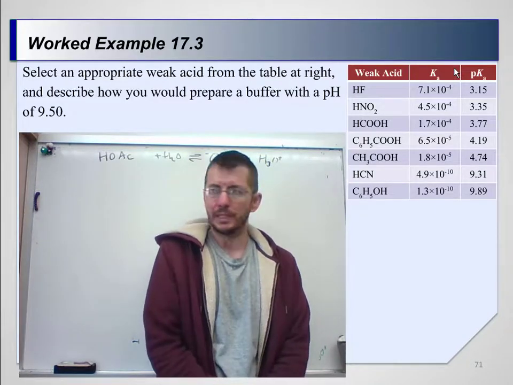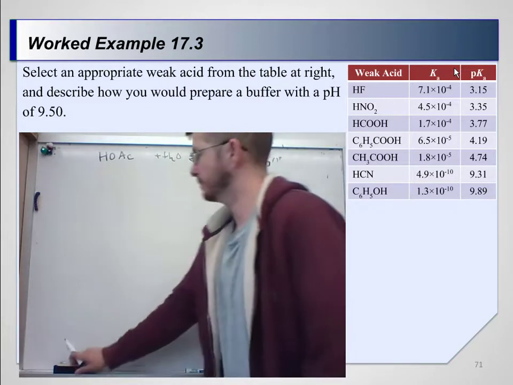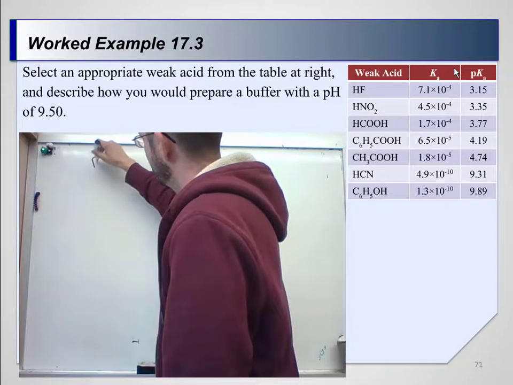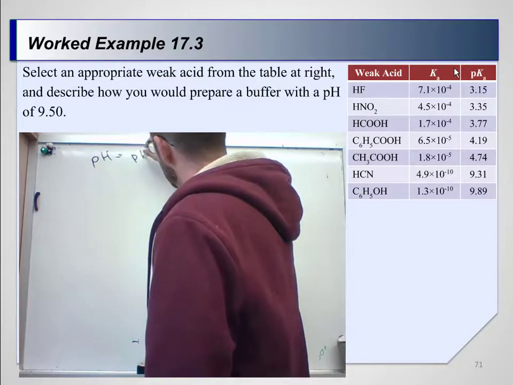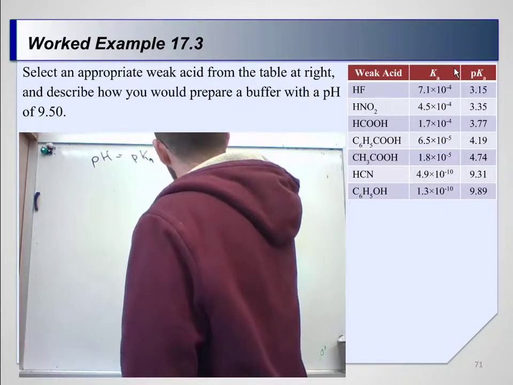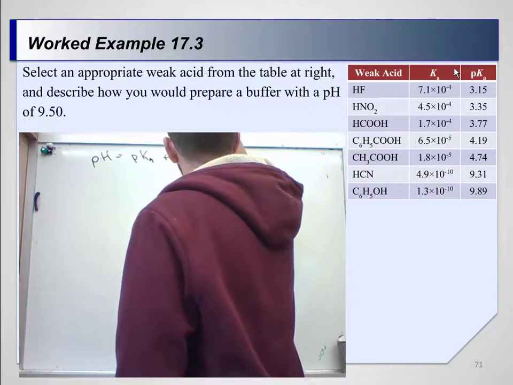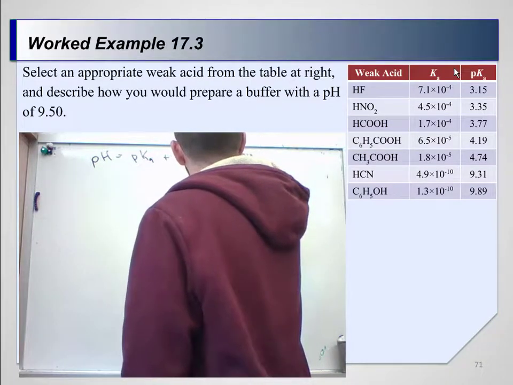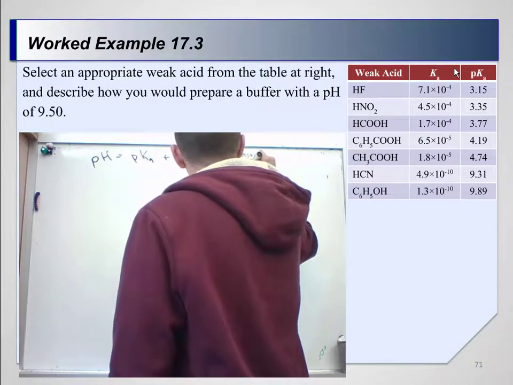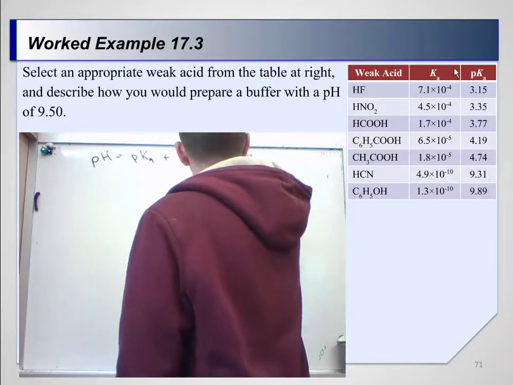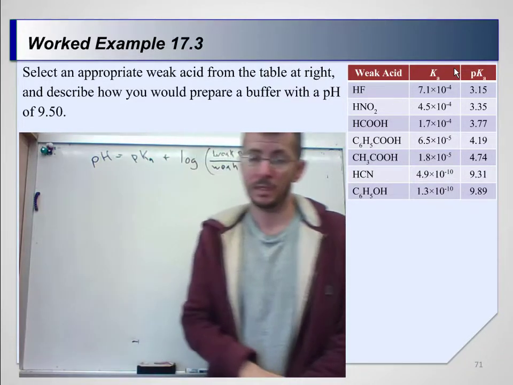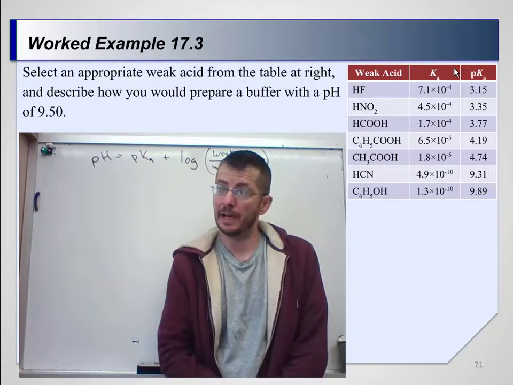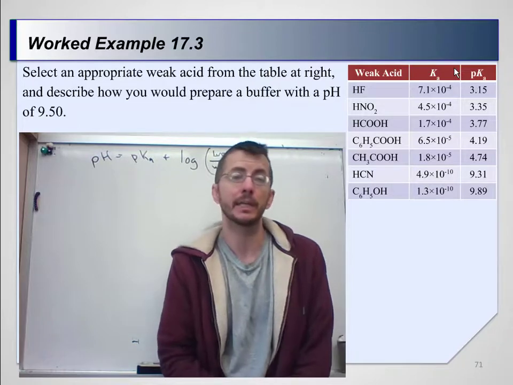So convert mentally or on the calculator. If you wanted a buffer in the pH range of 9.5, you would pick a pKa around 9.5.